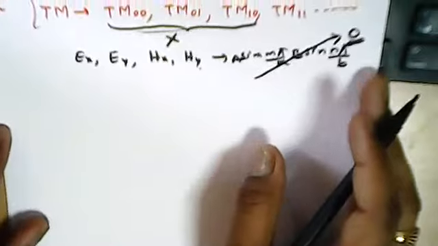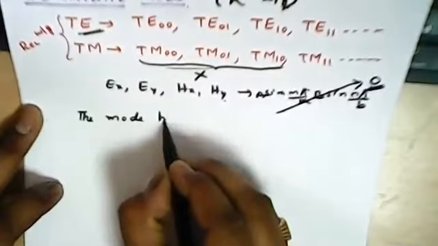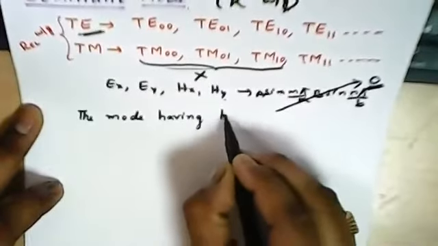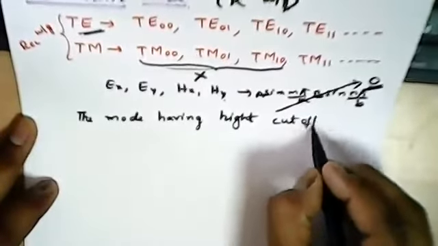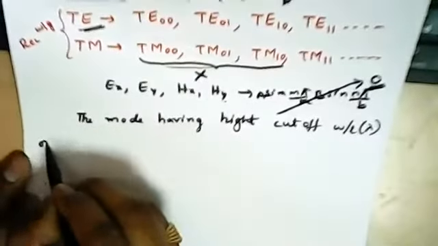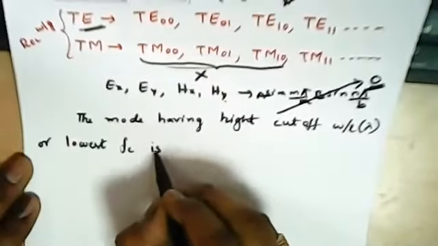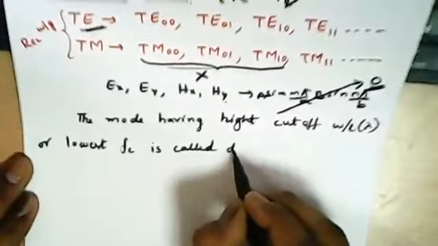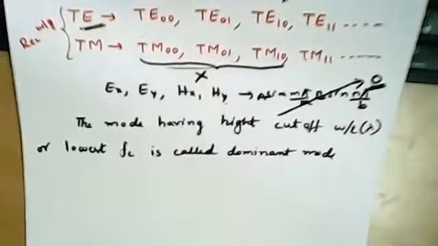Dominant mode is nothing but the mode having the highest cutoff wavelength, that is lambda, or the lowest cutoff frequency, is called the dominant mode. I'll be explaining this.